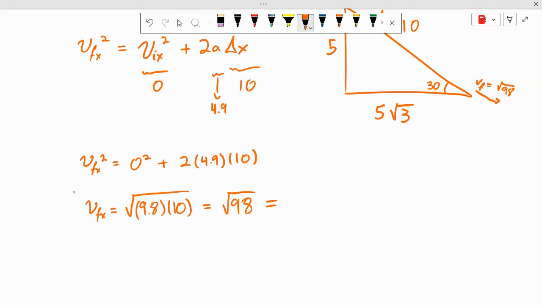That's somewhere between 9 and 10. Yes, 10 is how much it must travel. Root 98 is the speed it will have when it hits the ground on the ramp. That's all I have for today.